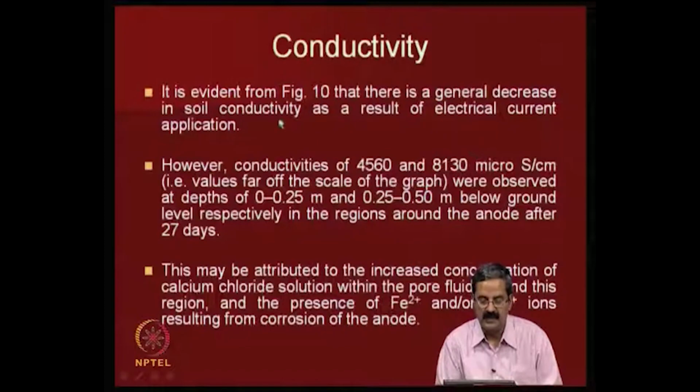What they are able to observe is that there is a general decrease in the soil conductivity as a result of the electrical current application, and they were able to see this in terms of the conductivities they have measured.